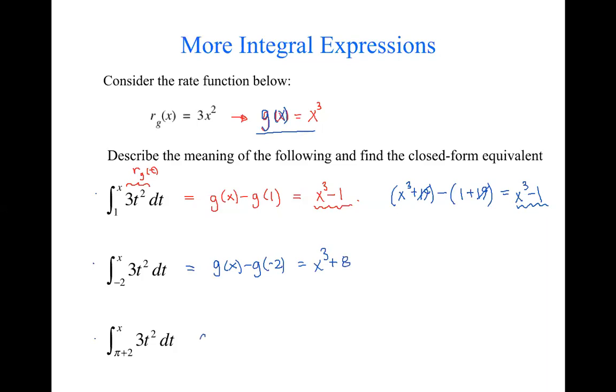Or in this case, g of x minus g of pi plus 2. Now this one I'm not going to cube out, but it'd just be x cubed minus pi plus 2 quantity cubed.